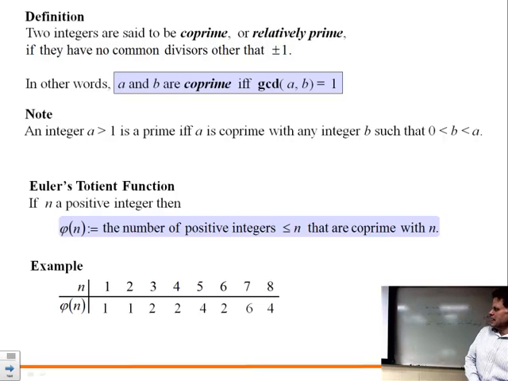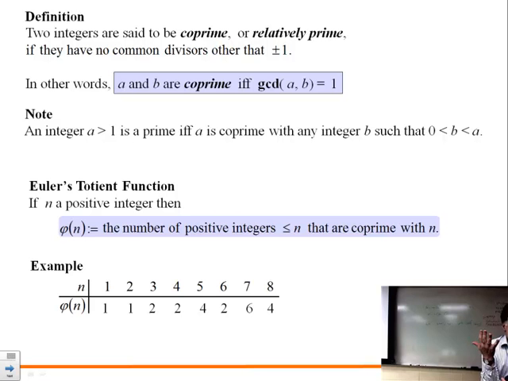How about 9? What's phi of 9? So I got 1. I always count 1. 2, not 3, but 4, 5, not 6. They have a common divisor of 3. 7, and 8.